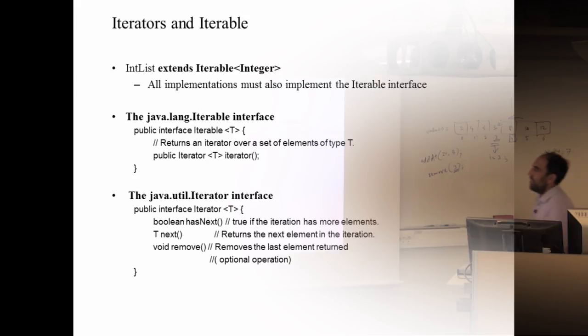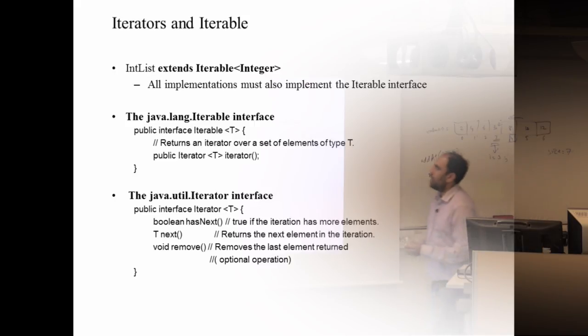And here we have iterators and iterable, and I think I already explained this. For data structures, we often have to visit the different elements in that data structure, no matter if it's a list or a stack or a queue or some other kind of data structure.